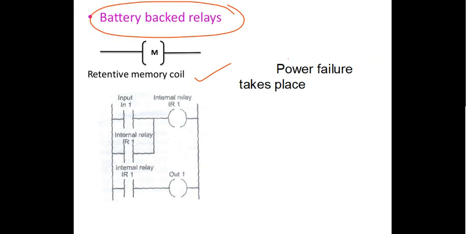So you have got input 1 here, then you have got the internal relay IR1 and internal relay contacts coming here, maybe a kind of latching operation, right?